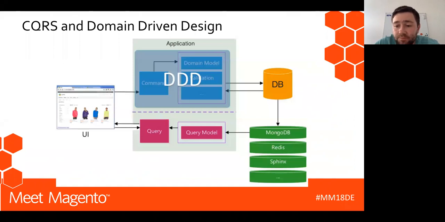It could be Sphinx, Elasticsearch, or Redis, and we can just grab that data and not wrap it with really sophisticated domain models, because all we need to do is just retrieve the data out of, let's say, MongoDB, and push this data to our template to render it.